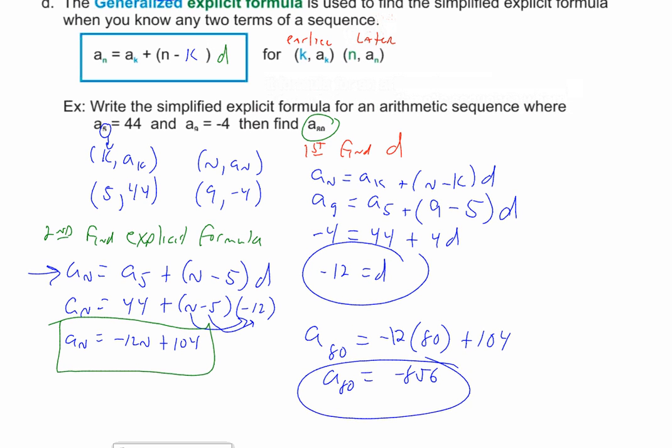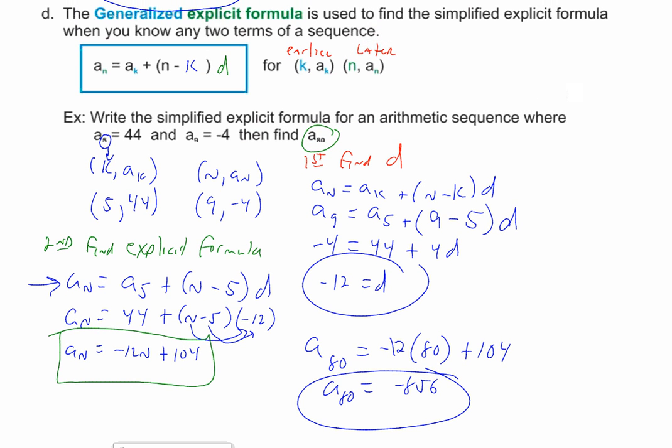Okay, so let me recap this last thought, because it is by far the more complex one. This formula here is going to allow you to get d. You're after d so you can write the explicit formula. You've got to have d.